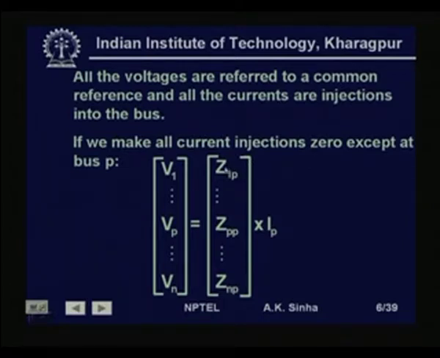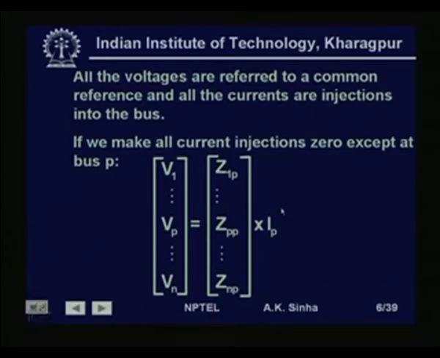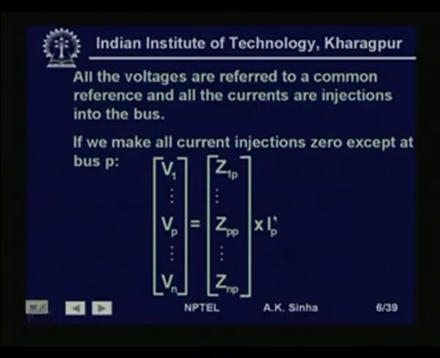If we want to compute any column of this Z-bus matrix, what we need to do is make all the bus injections other than bus p zero, that is, all the buses except bus p will be open circuited. There is no current injection at those buses except the pth bus where we are injecting a current Ip.